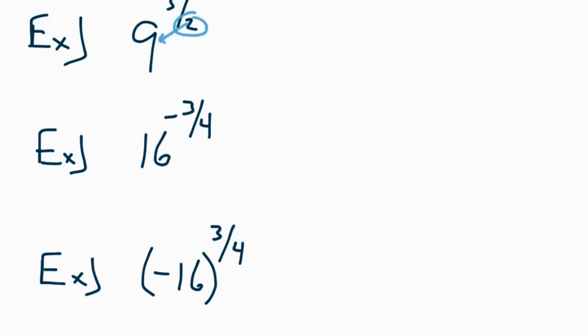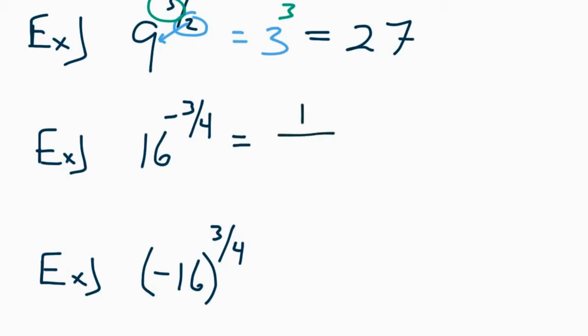If we do the root of 9, we can easily come up with the number 3, and then if we cube the number 3, well, of course, we end up with 27. Now, here we have a negative exponent. I tend to like to understand that the negative exponent is really just going to cause this answer to be a flipped base.